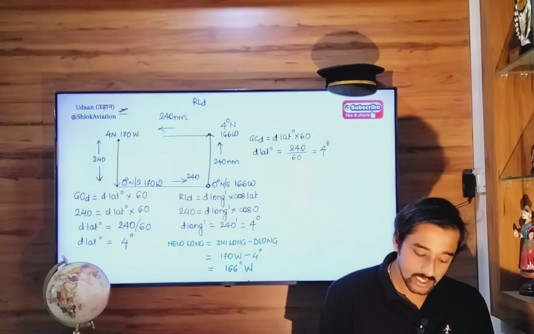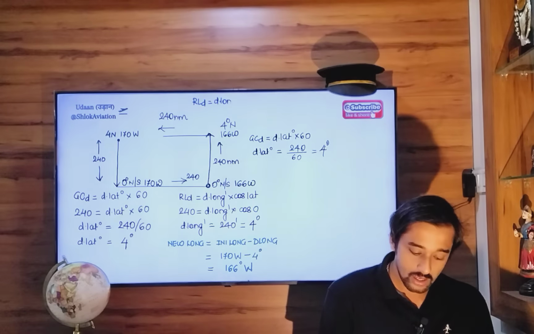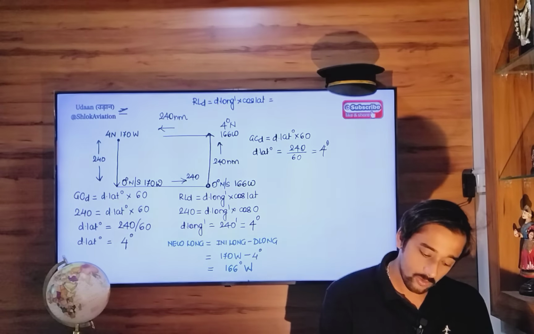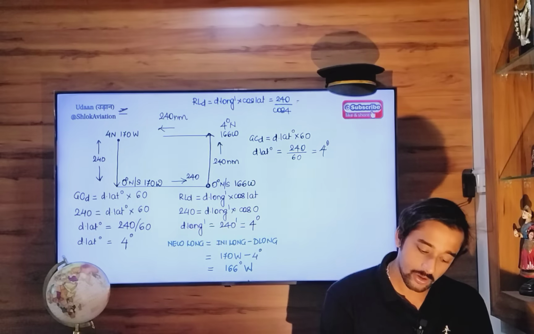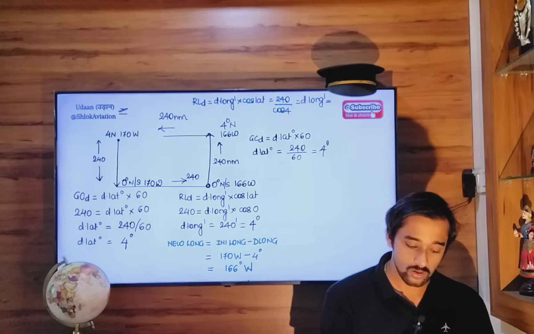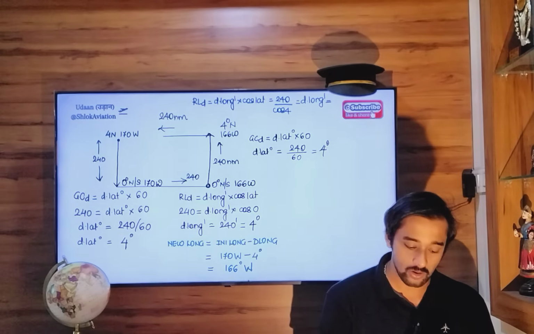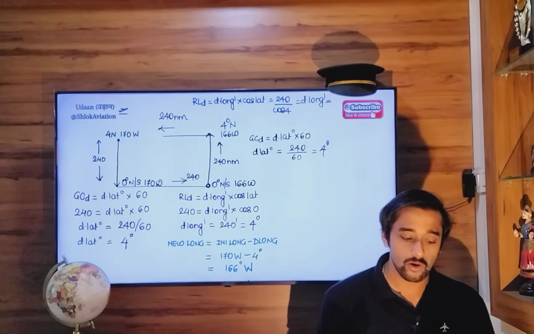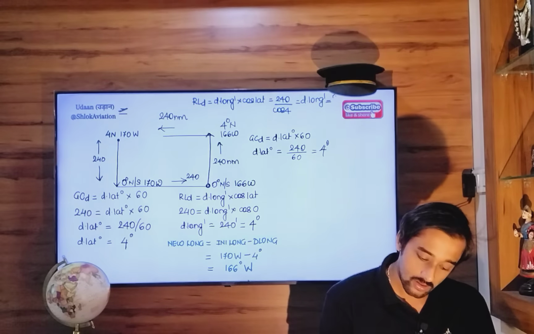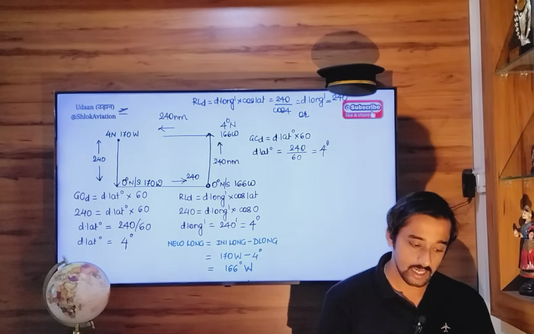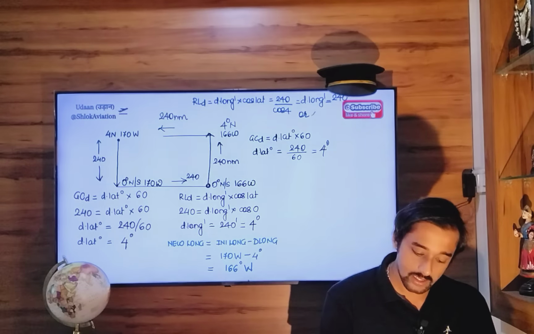So again, Rumline distance is d long in minutes into cos lat. So 240 divided by cos 4 is equal to your d long in minutes. Cos 4 is 0.99. So 240 divided by cos 4 is about 240 minutes, or divided by 60, 4 degrees.